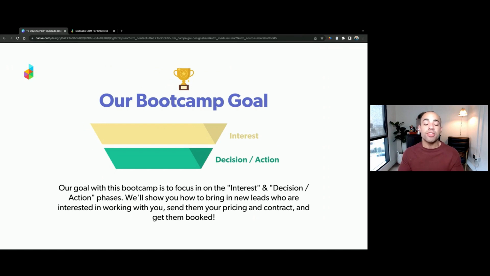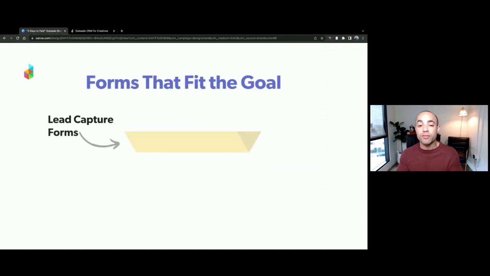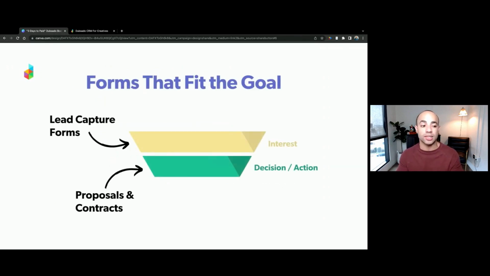And so with that being said, the three forms that we're zeroing in on today are lead capture forms, which are responsible for the interest level when someone's interested in working with you. And then if they're going to make a decision or an action saying, yes, I want to purchase this product, or I want to sign with you and I want you to be the person who does this service, proposals and contracts are what you can use for that.